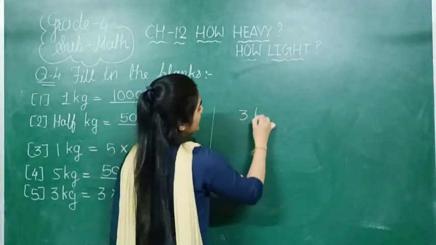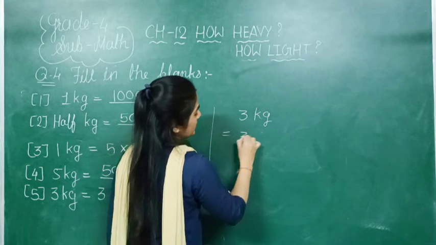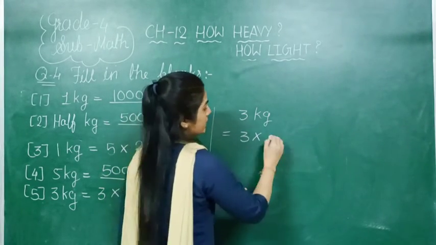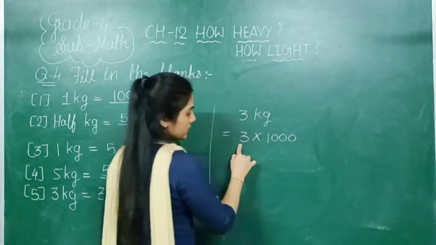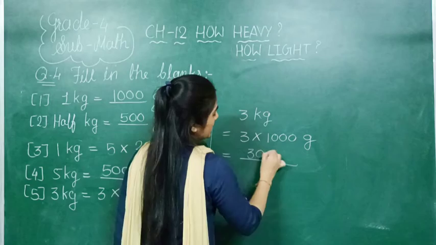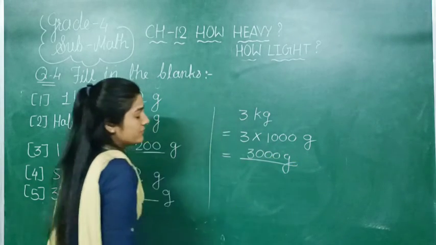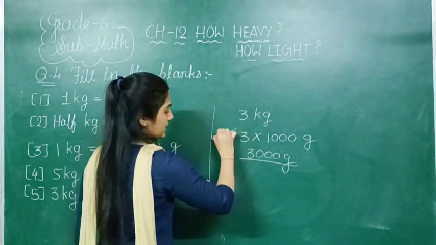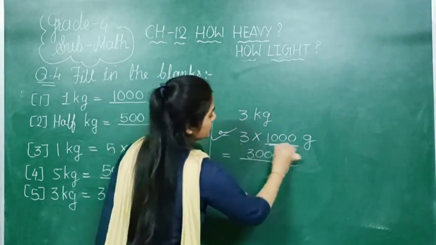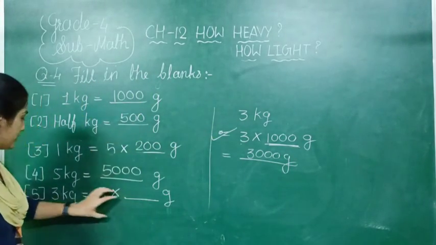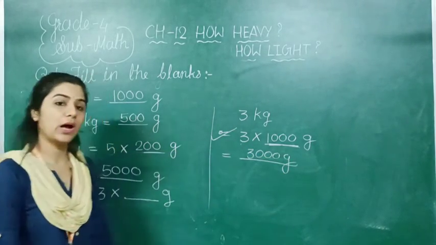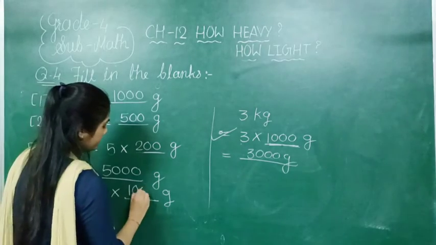So we do it like this: 3 multiplied by 1000, converting into gram, so altogether 3000 gram will be the answer. In the second step we write 3 multiplied by 1000, and the blank is filled with 1000. So 1000 is your answer.